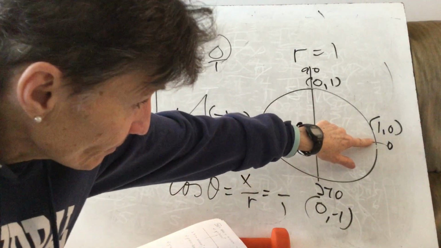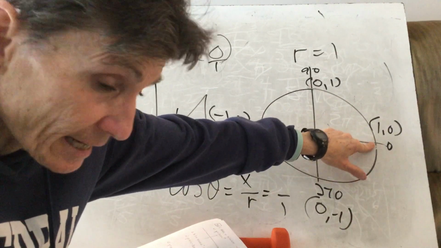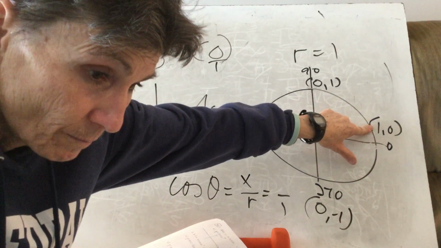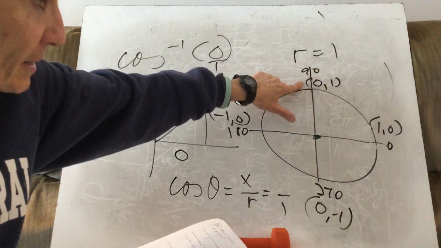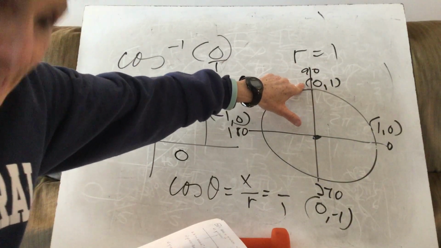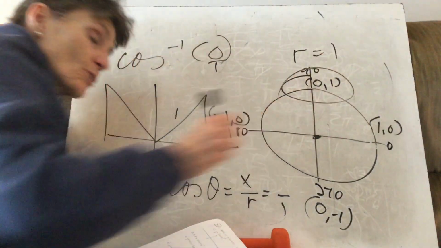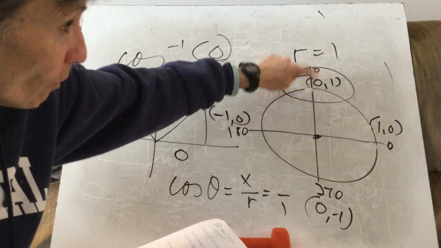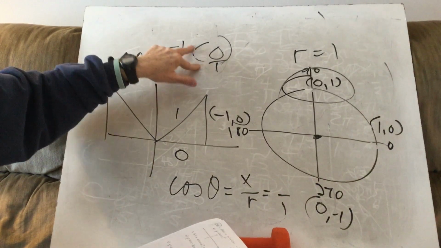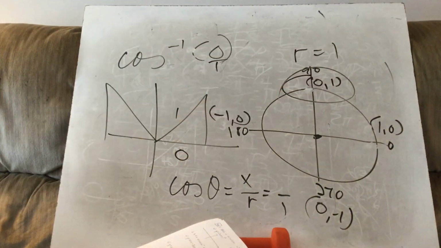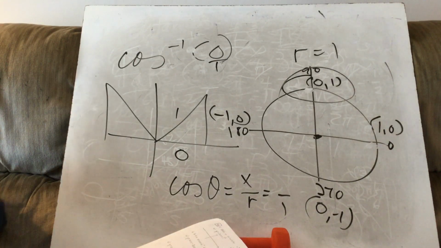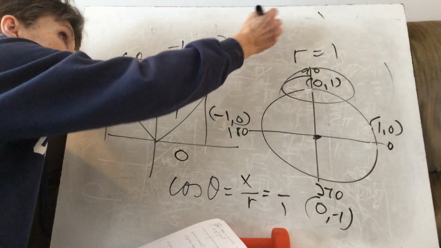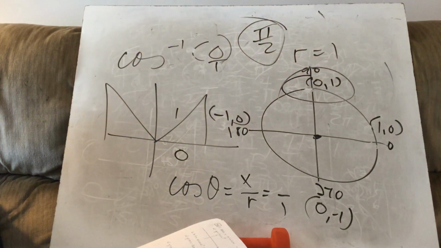So start right here. Start at 0 degrees. Is the x coordinate 0? No. How about up here? Is the x coordinate 0? Yes. So this is your answer. Because if you put x over r, 0 over 1, you get the right answer. Now, what angle is that up there? 90 degrees, which is half of 180. So the answer to the problem is pi over 2.